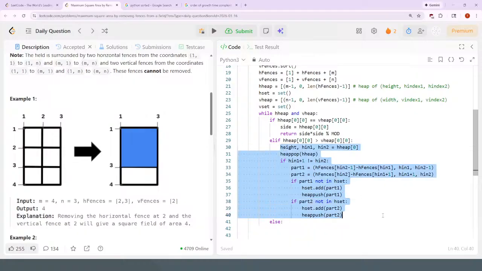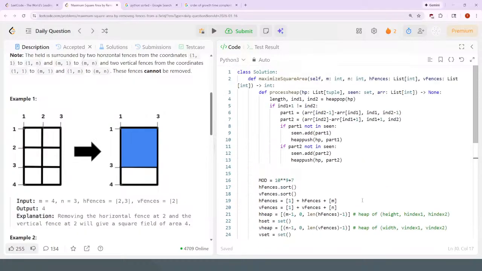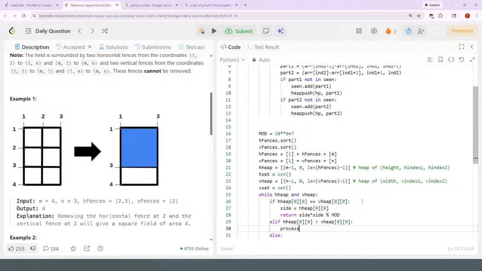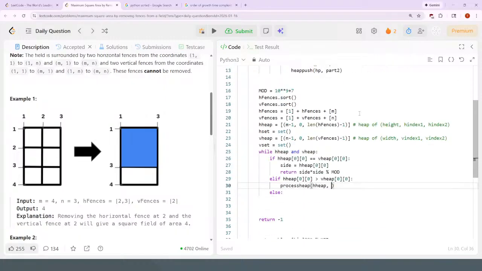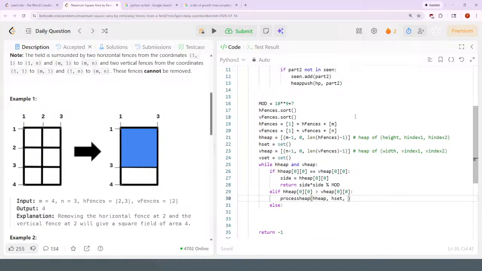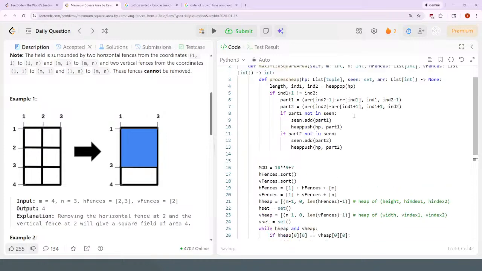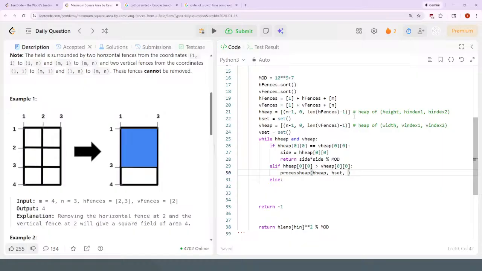Okay, I think I can now just call the helper function, process heap, being here the horizontal heap, scene being the H set, and then the array is the H fences.